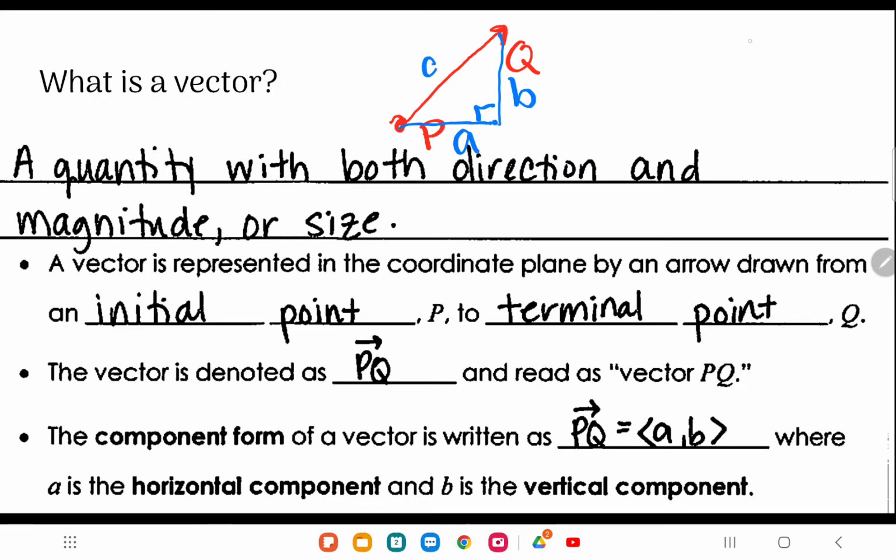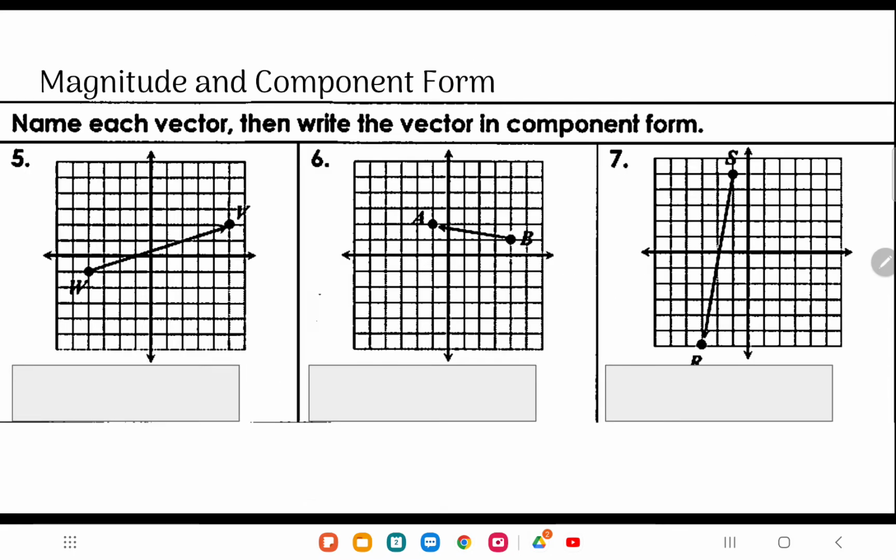Let's work with some vectors right now. We're going to name each of these vectors and then write the vector in its component form. So I have vector WV, and its component form: this vector goes over 1, 2, ... 9, and then up 3.